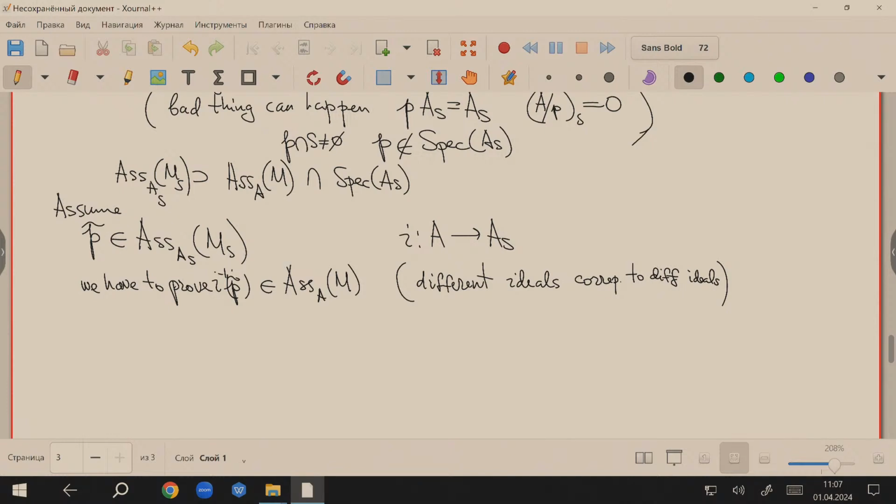Notice that that means that you have an element m tilde that belongs to MS such that the annihilator of m tilde is just p tilde.